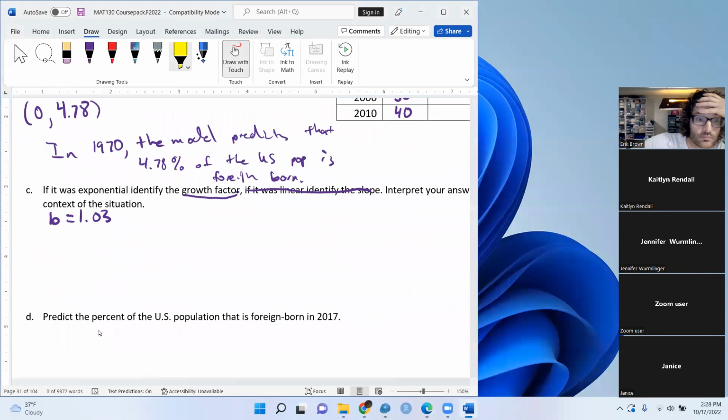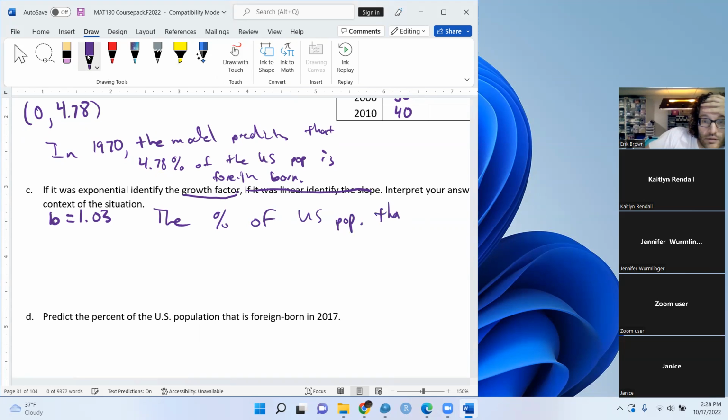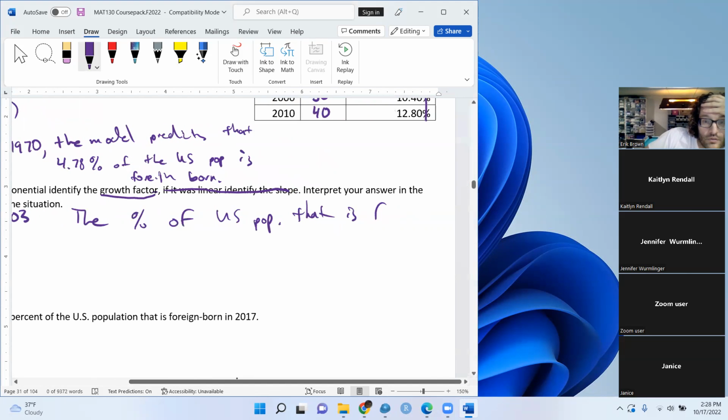So what we could say is the percent of US population that is foreign born has grown by a factor of, oh man, grown.